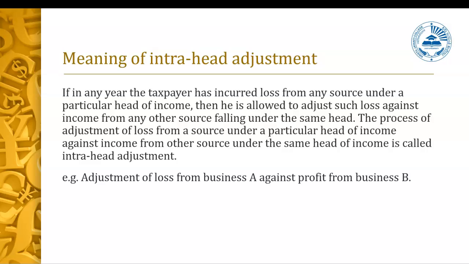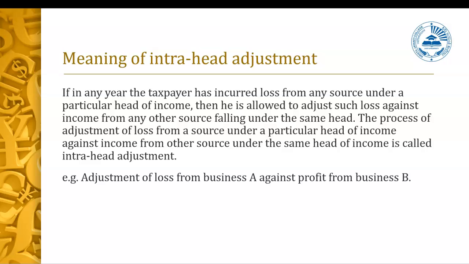Next, what is the meaning of intra-head adjustment? As we just discussed, if in any particular financial year the taxpayer has incurred a loss from any source of income, that is, any of the 5 heads of income, obviously in the head of salary there will be no loss. The other 4 heads are house property, followed by profits and gains from business or profession, then capital gains and income from other sources. So there is always a chance for an assessee to incur loss in any of these 4 heads of income.